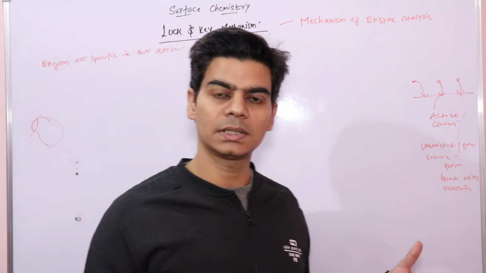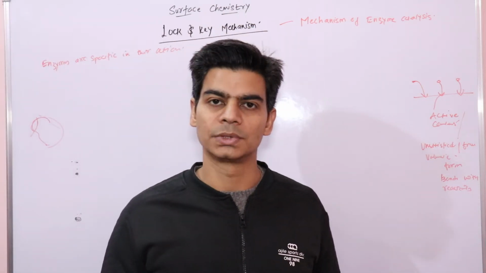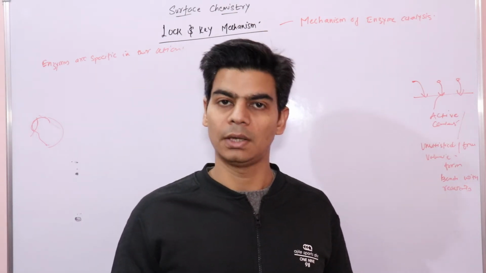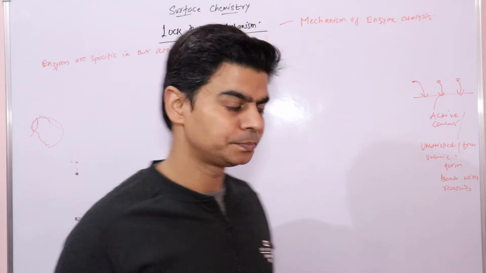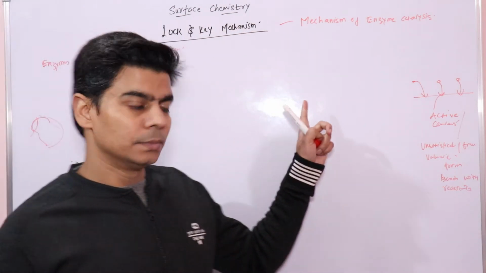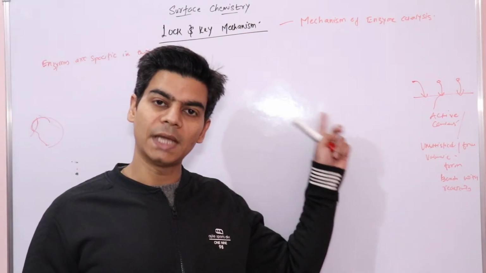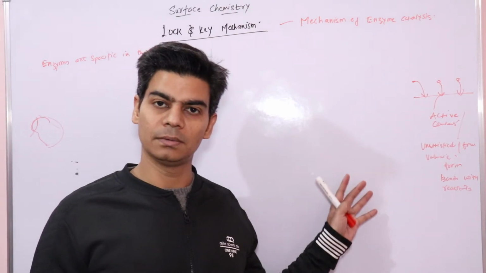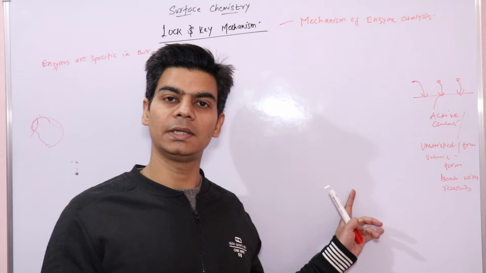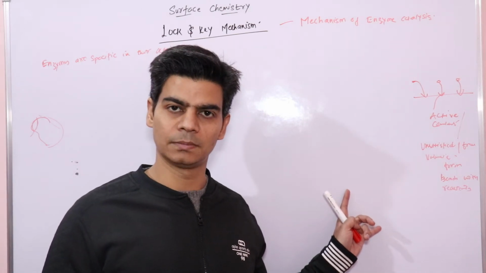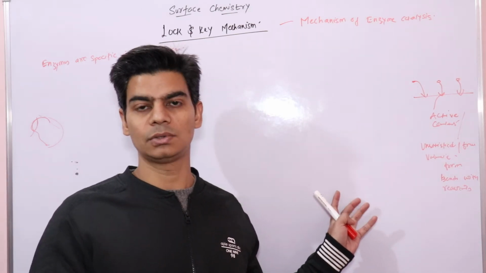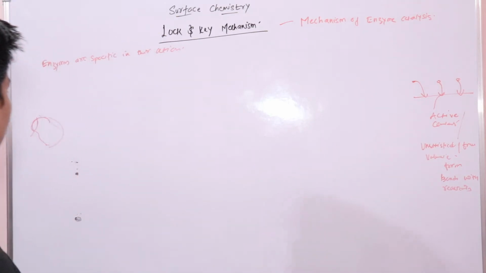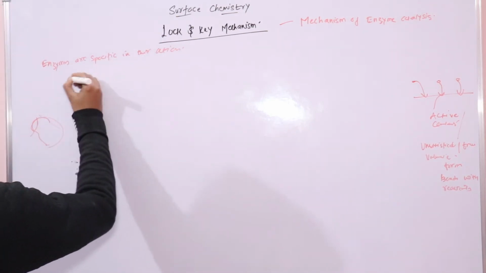These active sites consist of functional groups like the carboxylic group, amino group, thiol group and OH group. So the substrate or reactant molecules will form bonds with these functional groups present in the active site of enzymes, through hydrogen bonding and weak van der Waals forces of attraction.